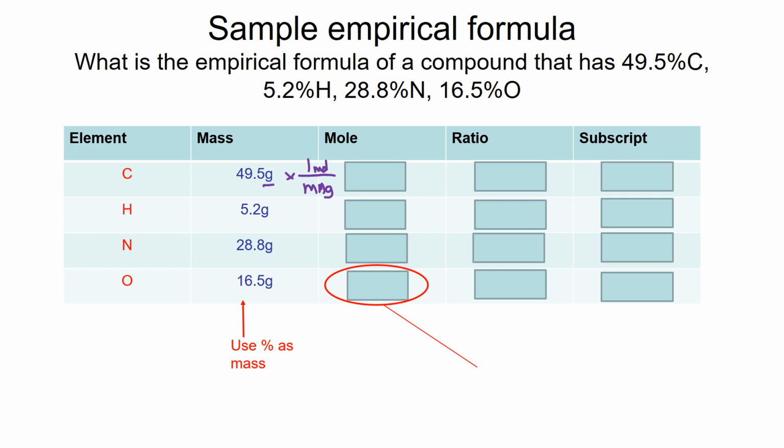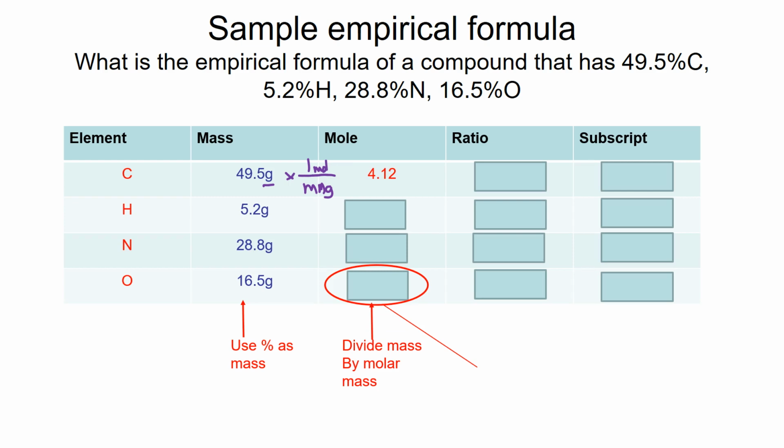What would be the molar mass of carbon? 12.01. So 49.5 divided by 12.01. What number to 3 sig figs am I expecting there? 49.5 divided by 12.01, I get 4.12.